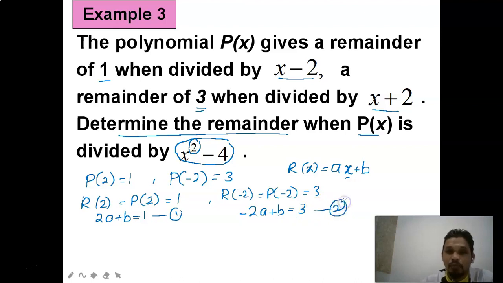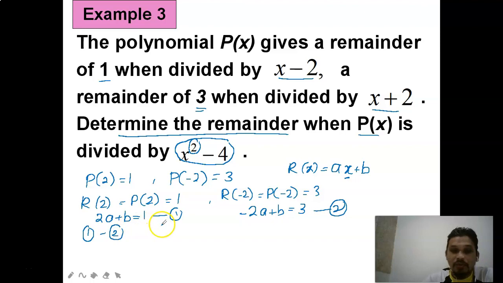Equation 2. From equation 1 and equation 2, we're going to solve by using simultaneous equations, whether by the substitution method or the elimination method. So equation 1 minus equation 2.